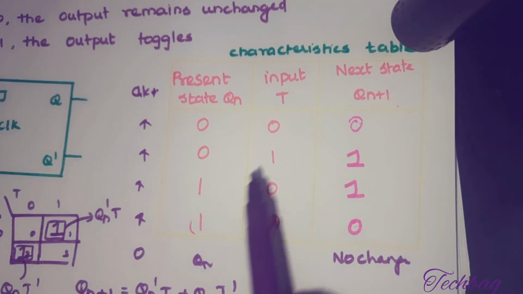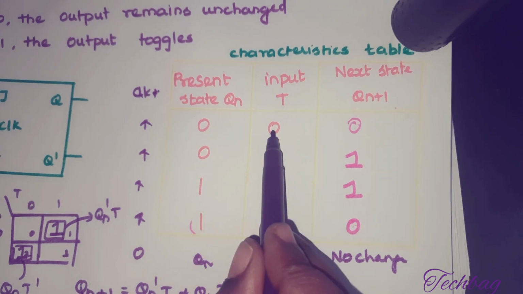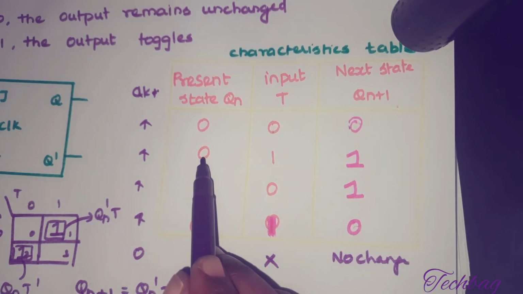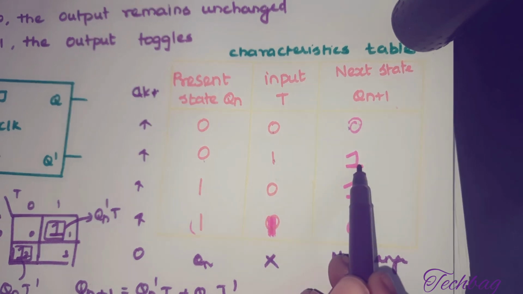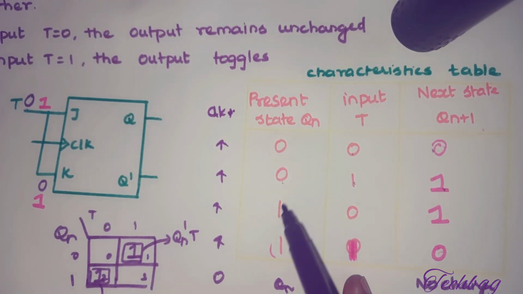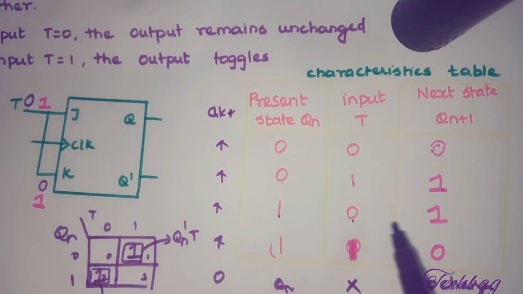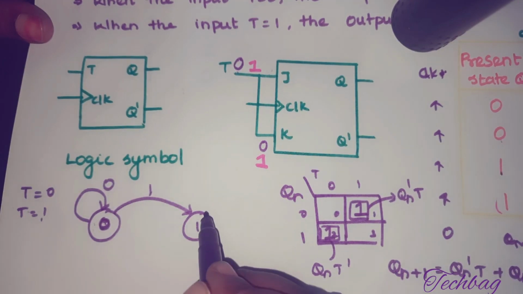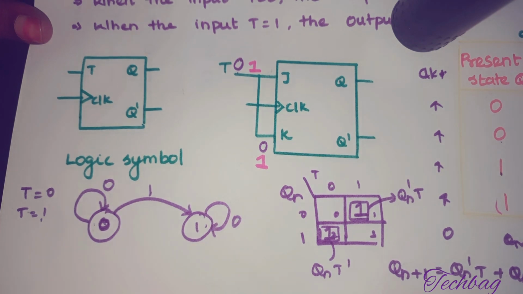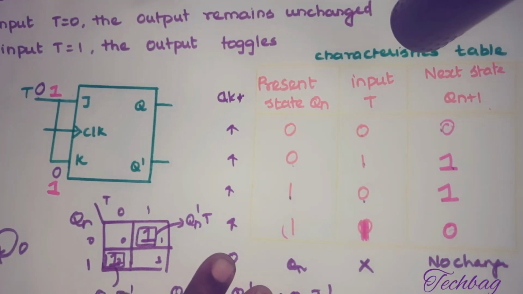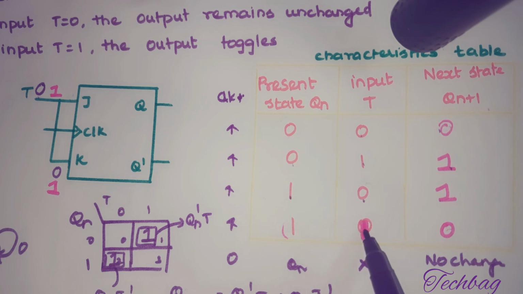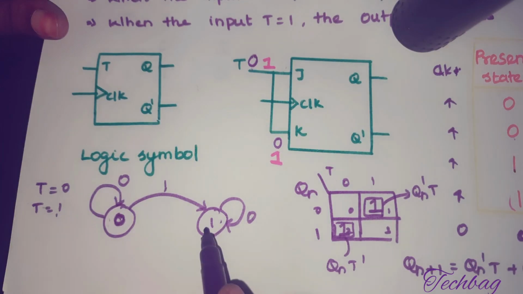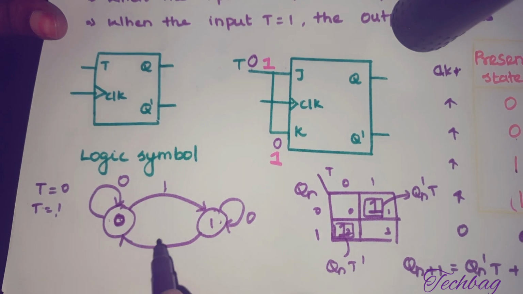Present state 0, input 0, you get 0. Present state 0, input 1, the next state is 1. So present state 1, input 0, it remains in the same state 1. So input 0, it remains in the same state. Present state 1, input is 1, it will toggle the output, so you get 0. Okay. So this is the state diagram of T flip-flop.